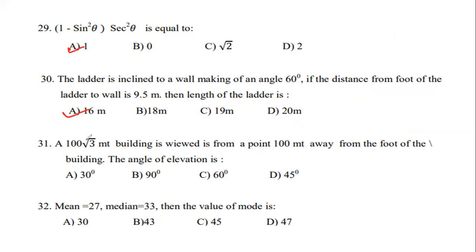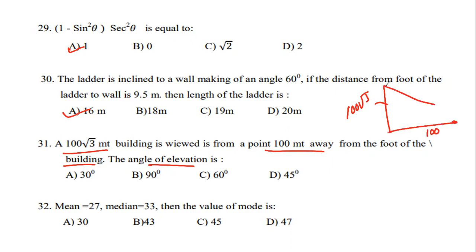Next question. 100 root 3 meters building is viewed from a point 100 meter away from the foot of the building. The angle of elevation is dash. 100 root 3 meters, what is the building height? 100 root 3. Here one point is there. From here to building foot, it is 100 meters.